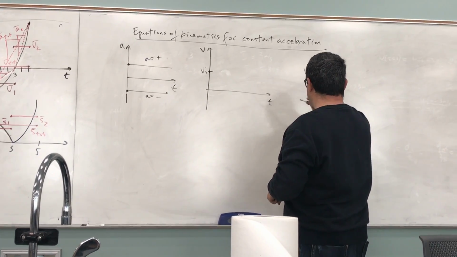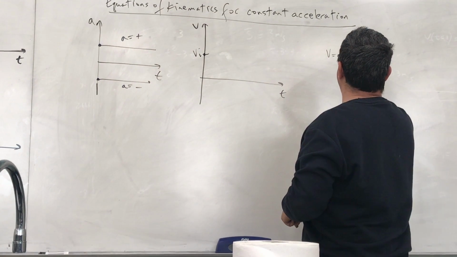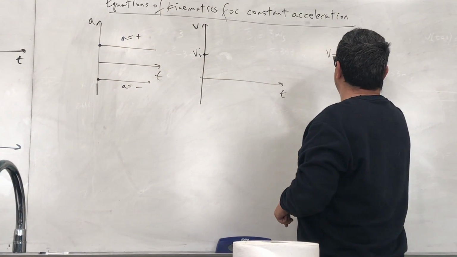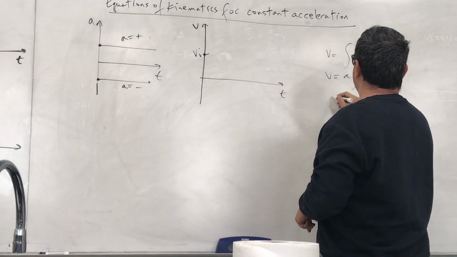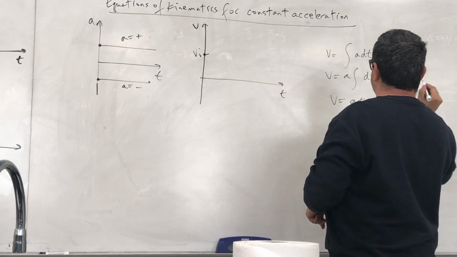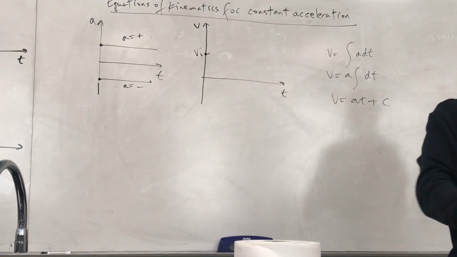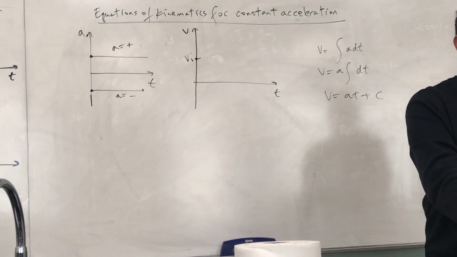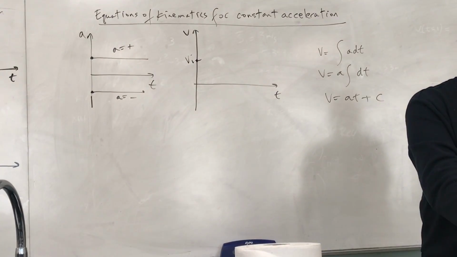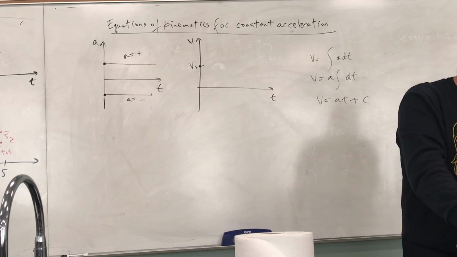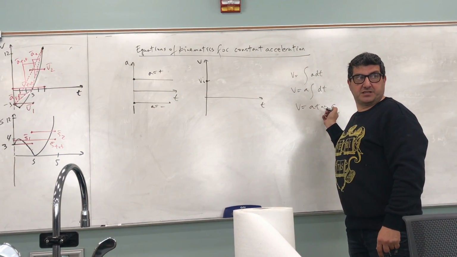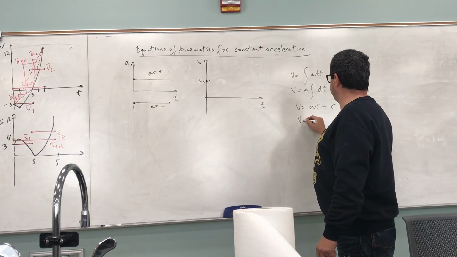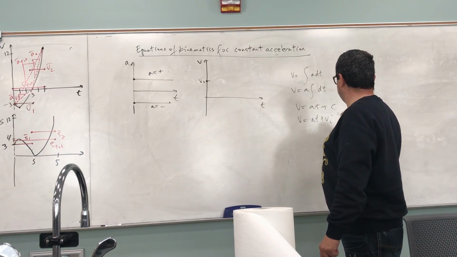If a is constant, then a can come out of the integral. Then you have a t plus a constant. So that literally means if the acceleration is constant, the velocity is a linearly increasing function, or it could be a linearly decreasing function if the a is negative. And then the constant is the initial velocity. So we have v is equal to at plus v initial.